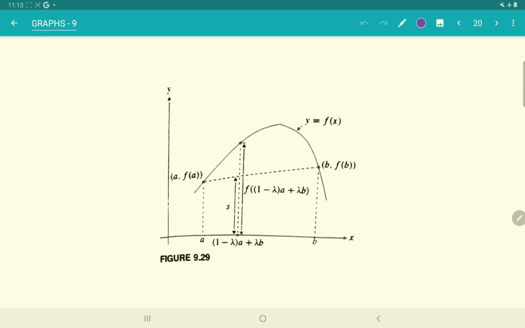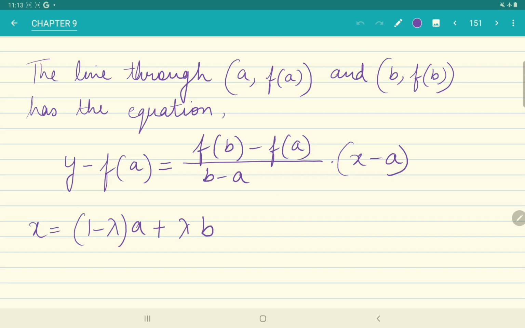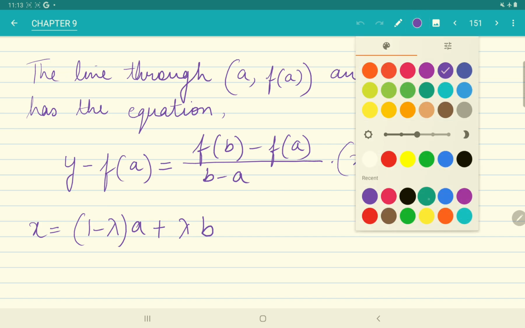Because here I see that I have the interval a to b, and x is, let us say here, 1 minus lambda multiplied by a plus lambda b. So this is our x, and now I would like to know what this s is. So this is the equation that I have.